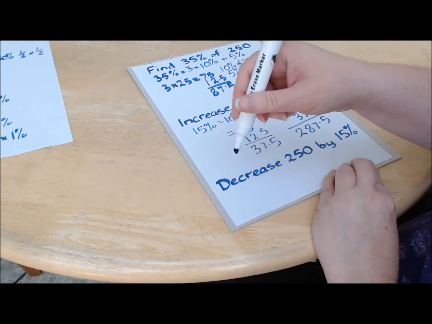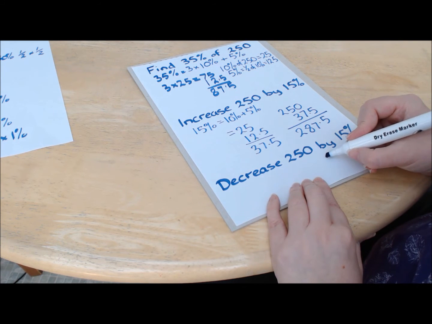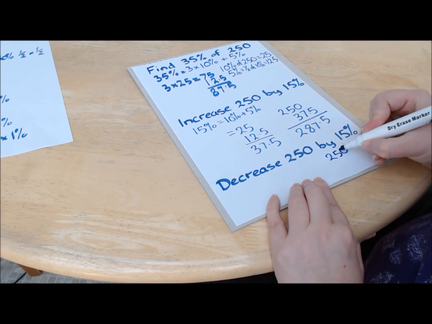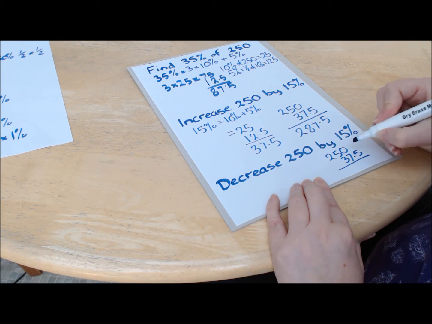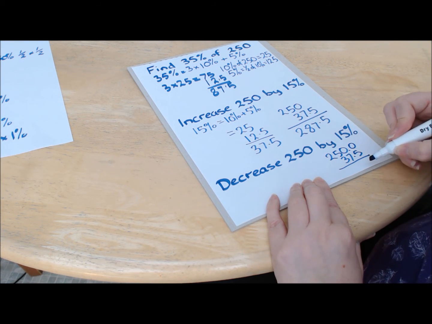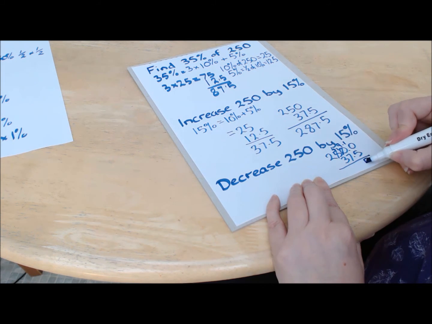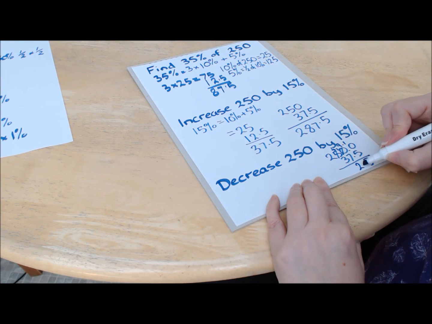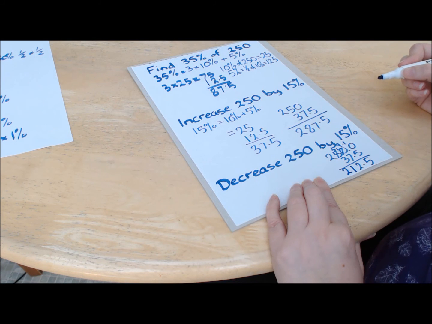If they'd said decrease it by 15%, then instead of adding, we would simply take away. So don't forget your borrowing. 10 take away 5, 9 take away 7, 4 take away 3, and the 2 on its own like that. So that's how we do percentages without a calculator.